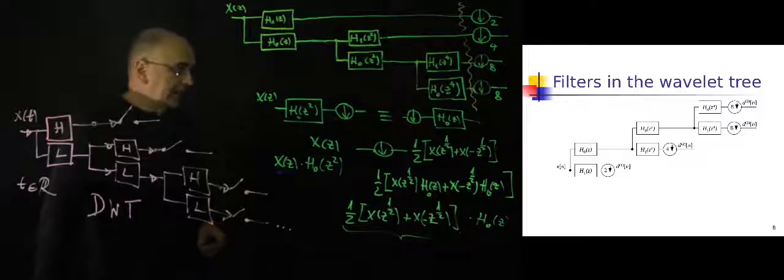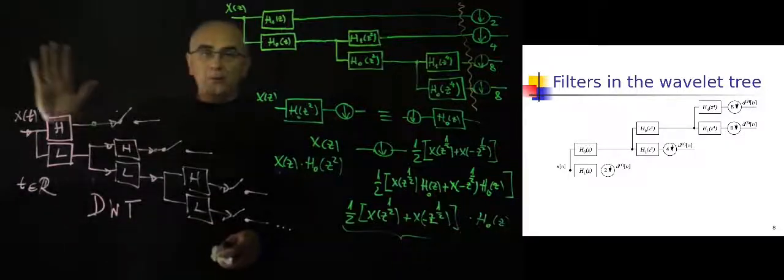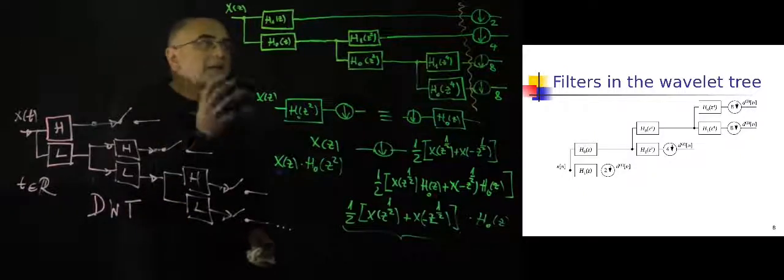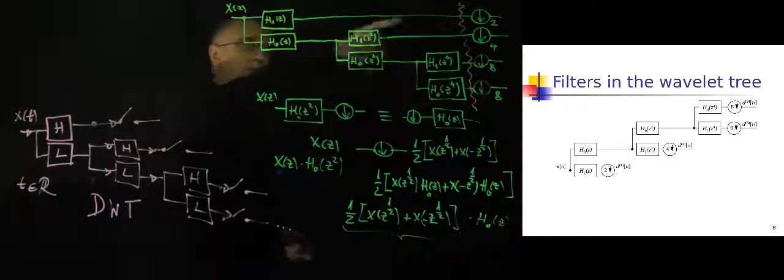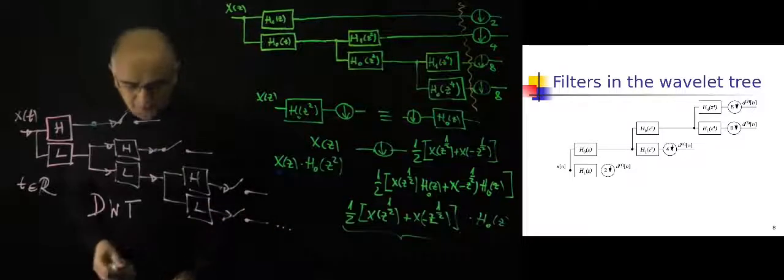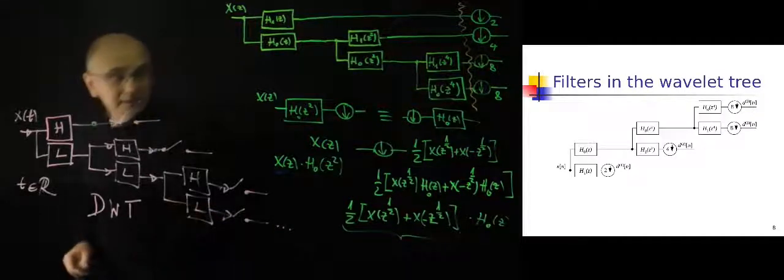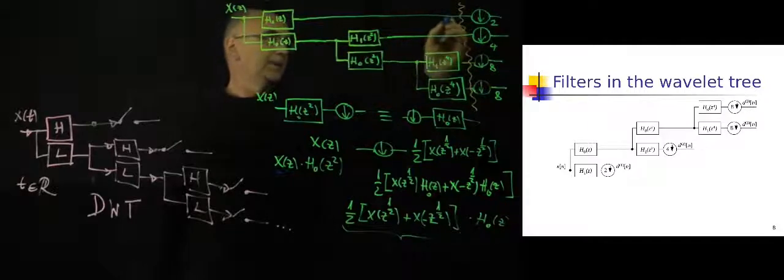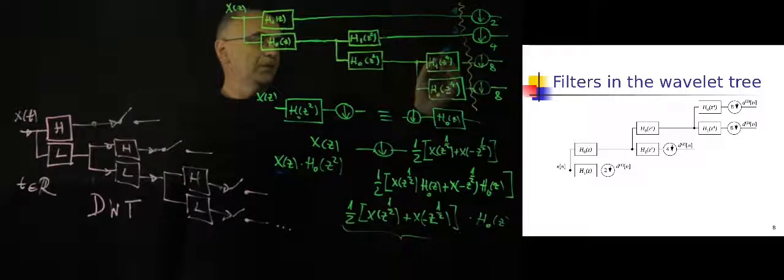Maybe we can just write down the equations. So what we have now. Maybe we can just denote the levels. Here is the first level, 1. Here is the second level of decomposition.